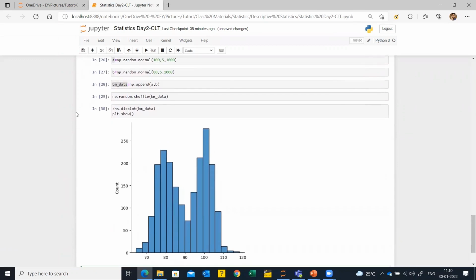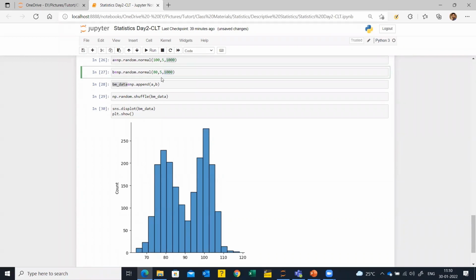Follow along with me. I am giving you 2 minutes. Those who are not able to run, if you are getting any error, let me know. So in total you have 2000 data points. First you have 1000 data points, second you have 1000 data points.